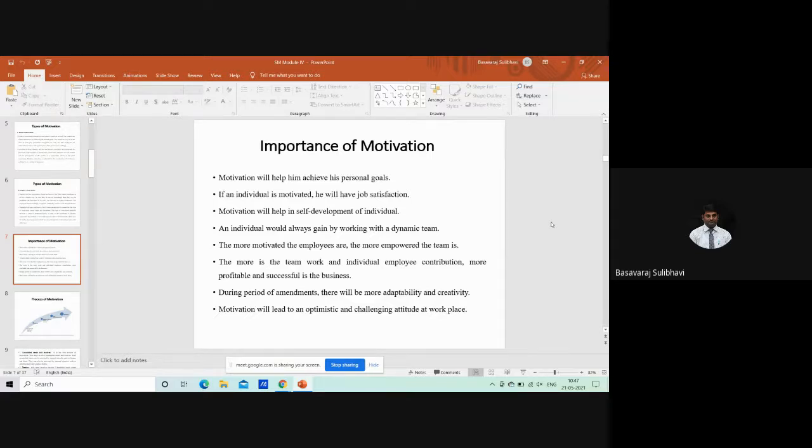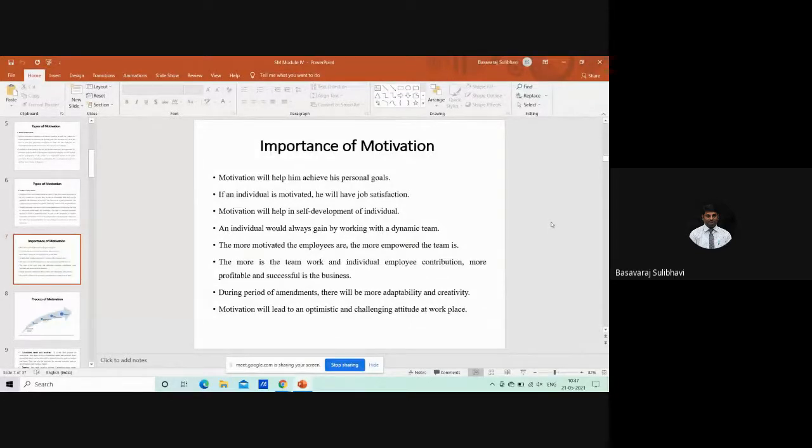Along with that, if motivation is given properly, it helps individuals satisfy their own individual goals also, right? Self-development can happen because highly motivated people work harder and harder. They acquire the skills and the knowledge which is given to them, and it also helps them advance in their careers.